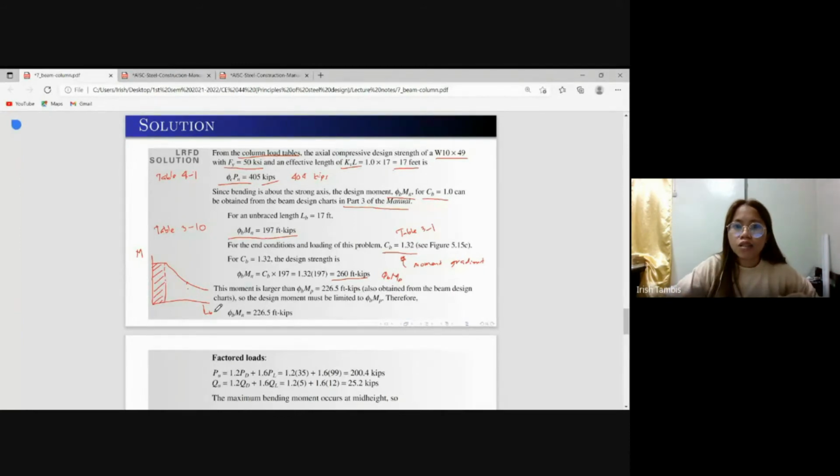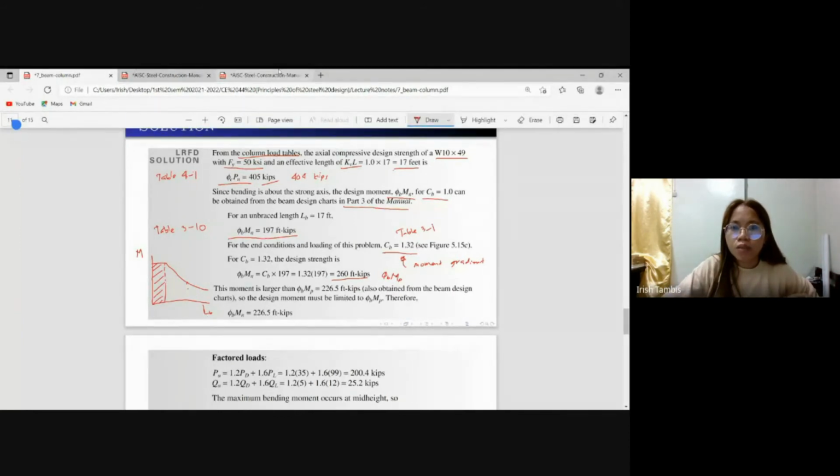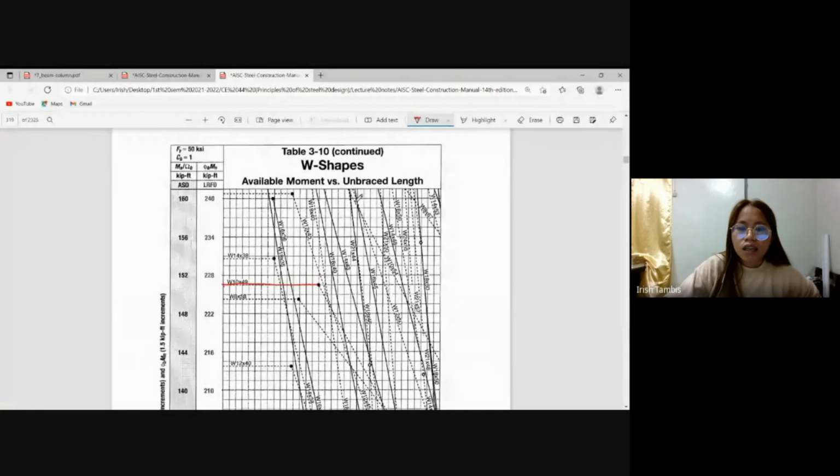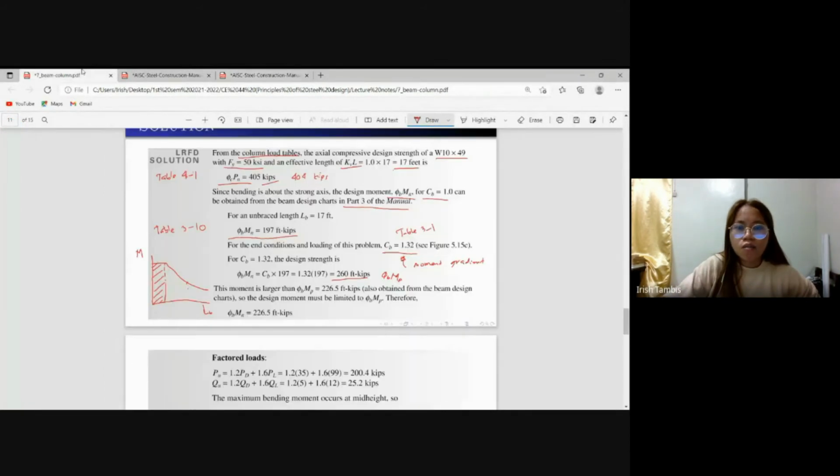And if you look at the table, the diagram, the W10/49 is here. Its plastic moment, this is actually the plastic moment of W10/49, is right here, which is 226. But we found out that this 260 kilopounds exceeds 226.5. So, this is not possible.